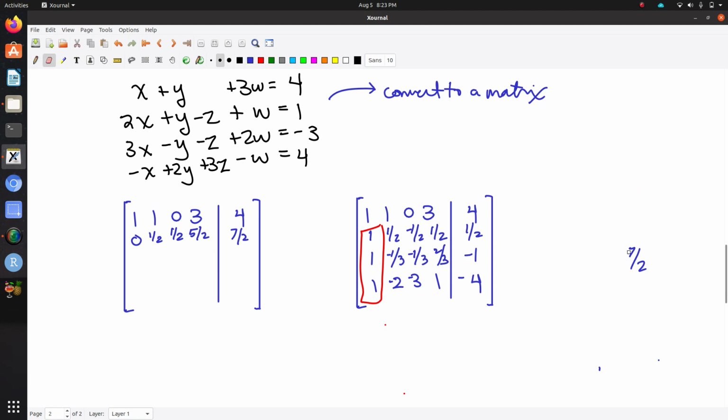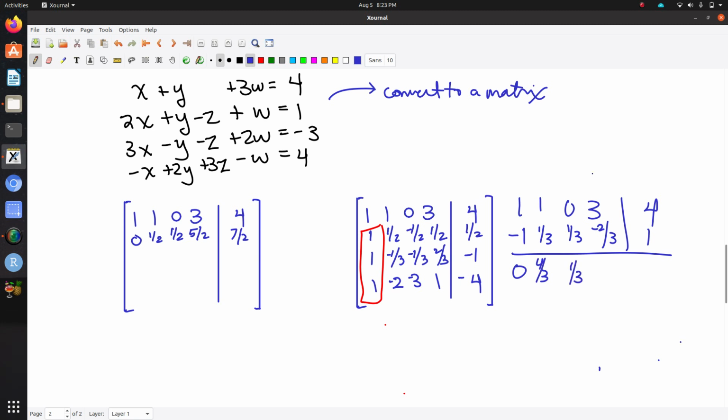Okay then. So I'm going to do something similar for row 2 and 3. Let's do this again, 1, 1, 0, 3, 4, and I'm going to subtract row C. So I'm going to multiply by -1, so then I can just add. Gosh, 3 is 9/3, so I have 7/3 here. Okay, and I'm going to copy this down.